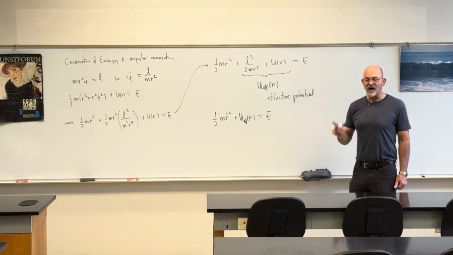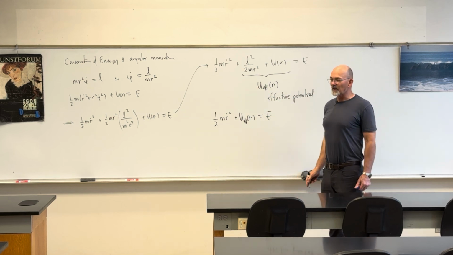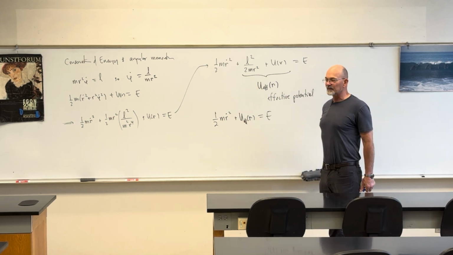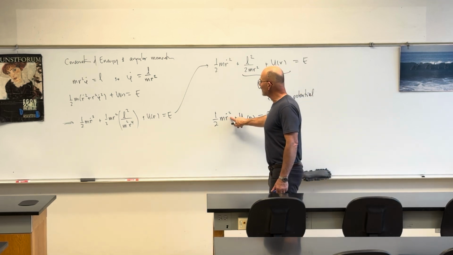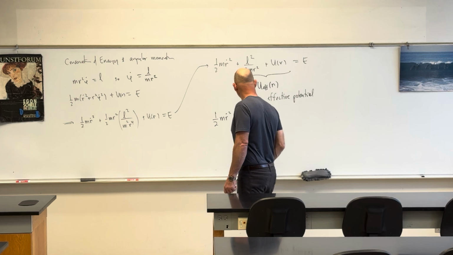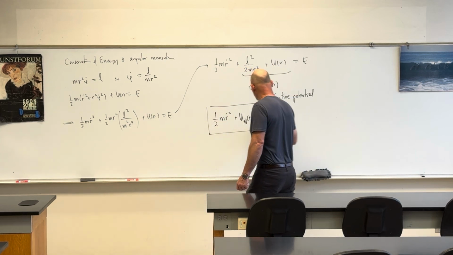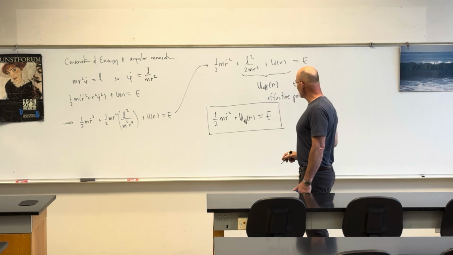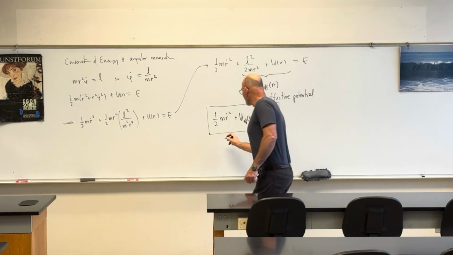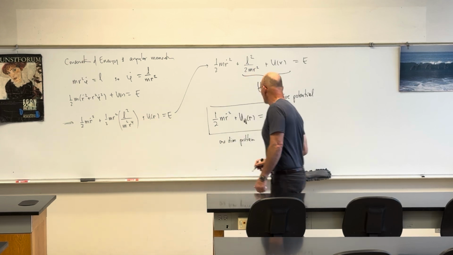We can apply all of our one-dimensional skills to this expression here, and it looks completely standard, right? Yes, this is only part of the kinetic energy, but as a one-dimensional problem, we can just analyze it.